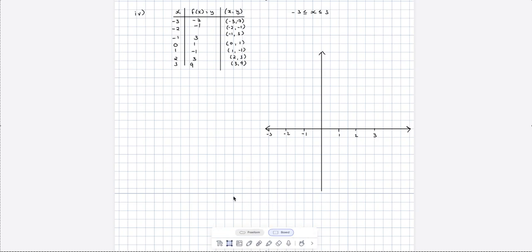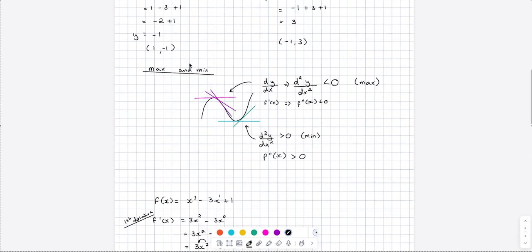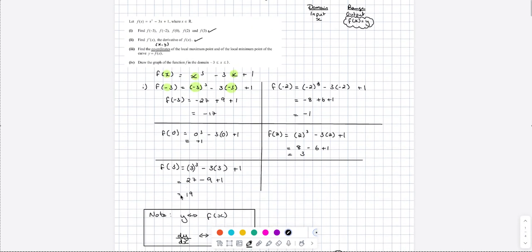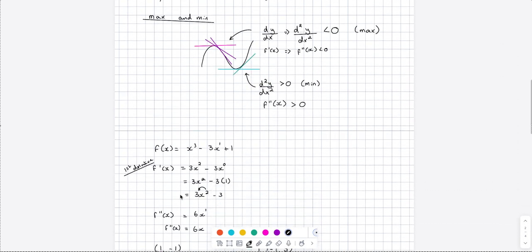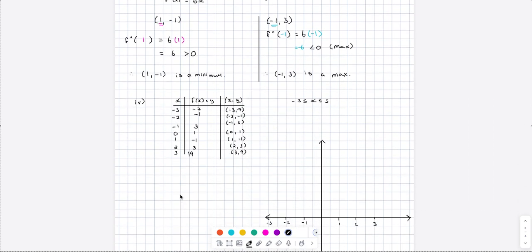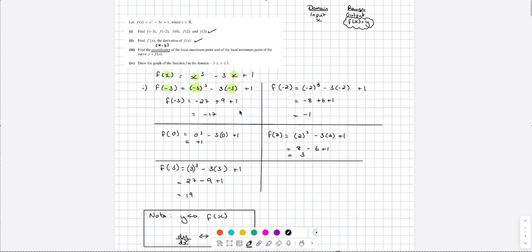I probably need a little bit more space considering we're going to go, that should be 19, shouldn't it? Apologies, let me go up and change, that should be 19. Let me confirm again, let's go back up, we got 19, yeah, that should be 19. That's 19 and that's 19. And this should be not minus 7, is it minus 17?